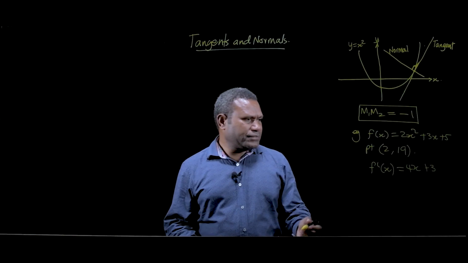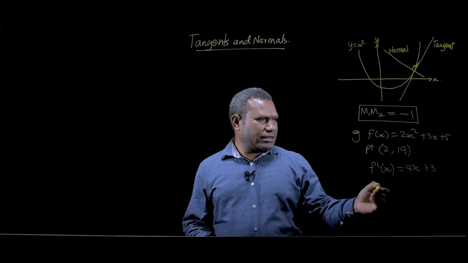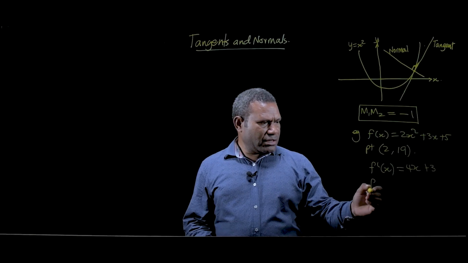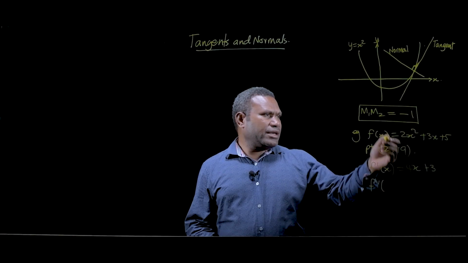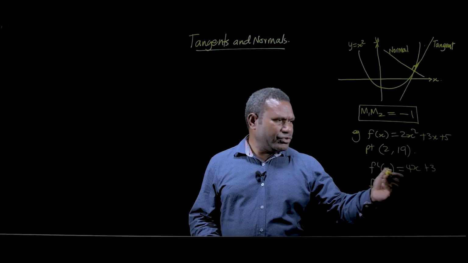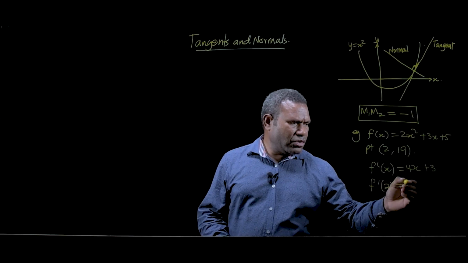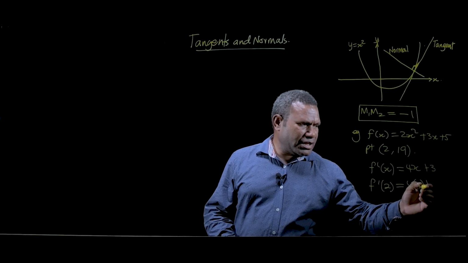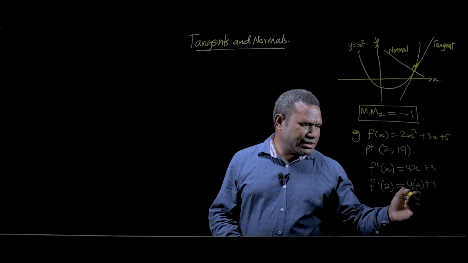Let's work out the gradient of this curve at the point (2, 19). Using this gradient function, f prime 2 is equal to 4 multiplied by 2 plus 3. 4 by 2 is 8, 8 plus 3 is 11.